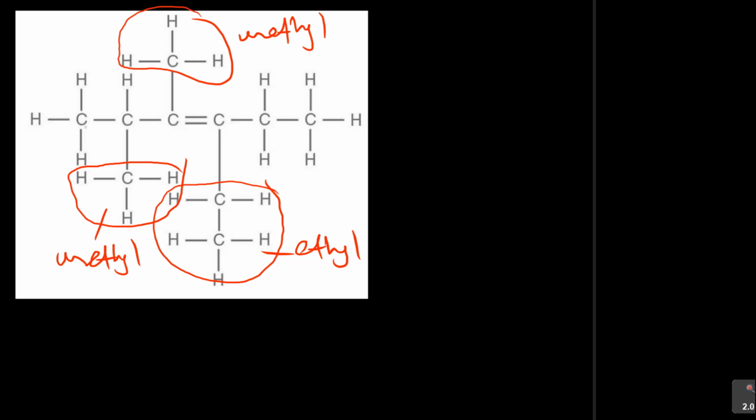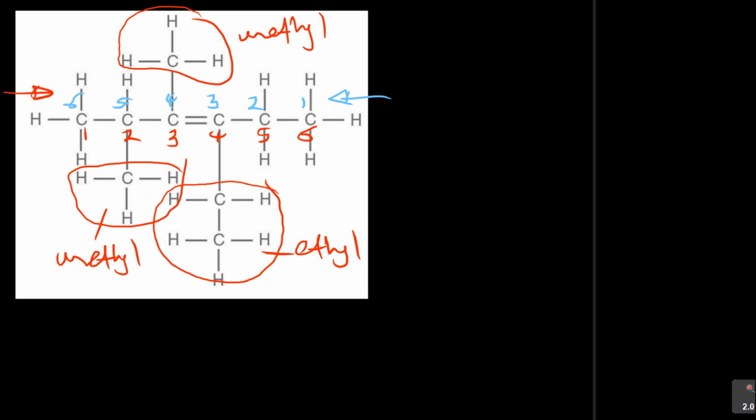Going straight, this is carbon 1, 2, 3, 4, 5, 6. Now let's go in the other direction, where I also have carbon 1, 2, 3, 4, 5, 6.